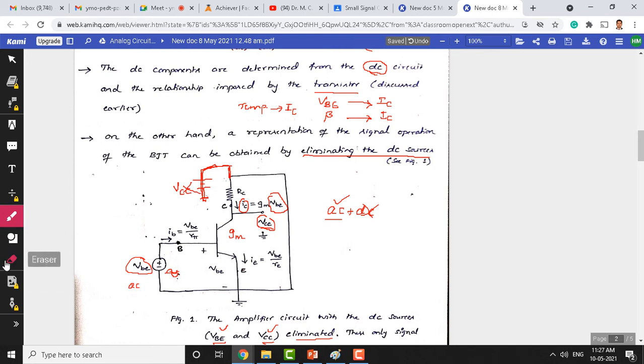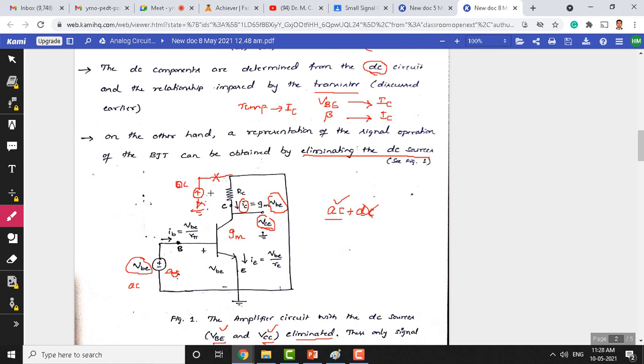If any current sources are connected, just remove this voltage source and connect a current source here. If you have a current source here, it gets replaced with an open circuit.